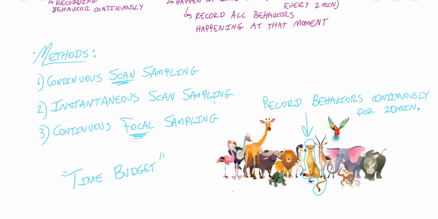Instantaneous scan sampling can give you insights into things like vigilance behavior. So if you're watching that same herd of zebra, and every 2 minutes you're collecting data on what the zebras are doing, what you might see is that every 2 minutes there's at least a few zebra whose heads are up and scanning the environment.